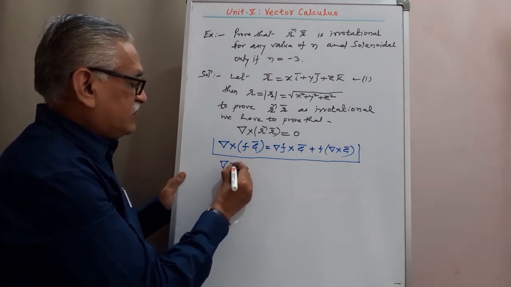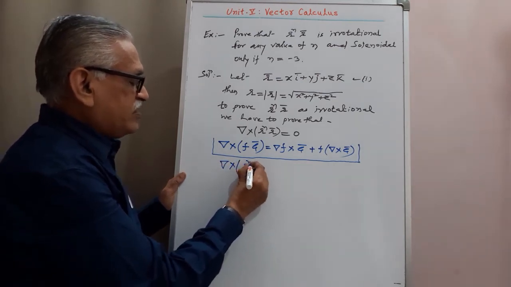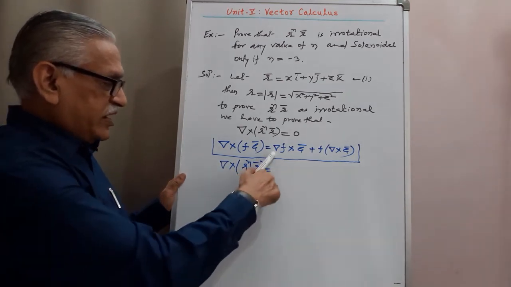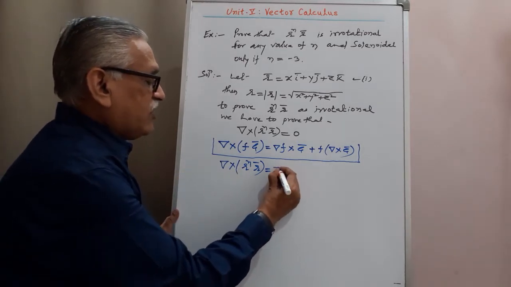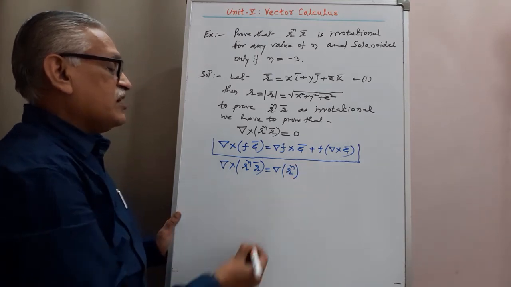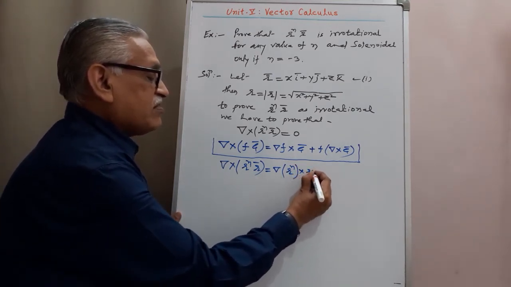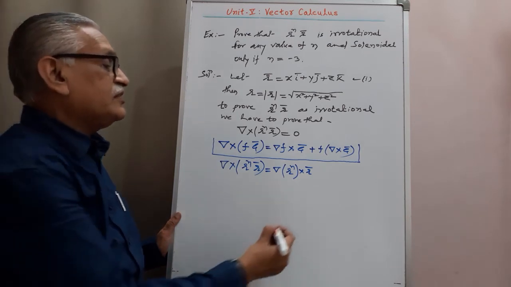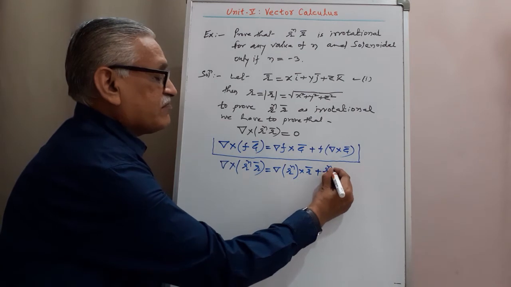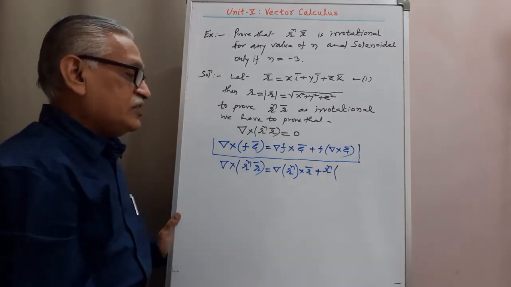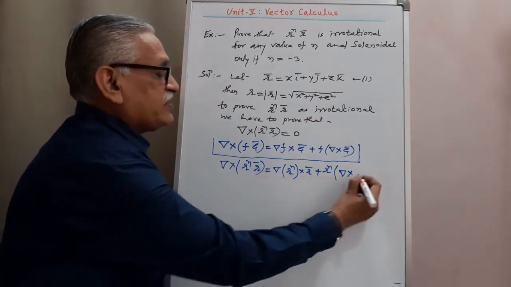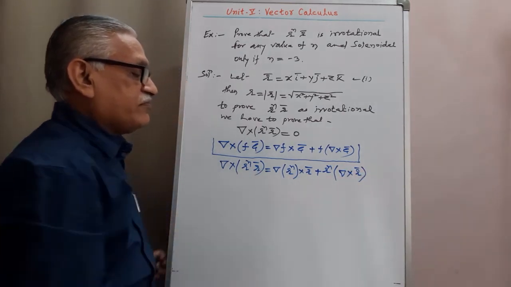del cross r raised to n into r bar is equal to del f, it is del of r raised to n, a cross product with r bar, plus f, here r raised to n, into del cross g bar, here r bar.